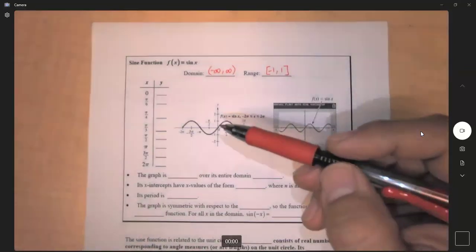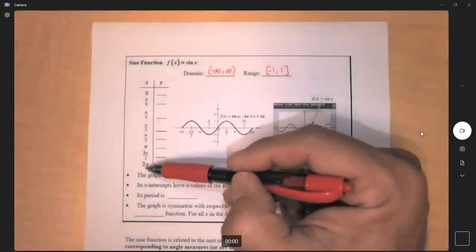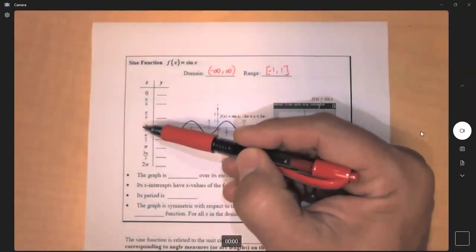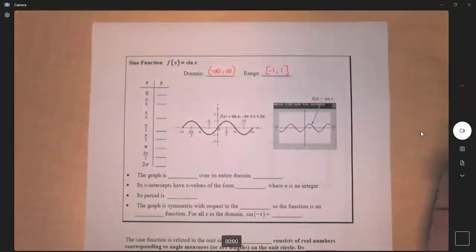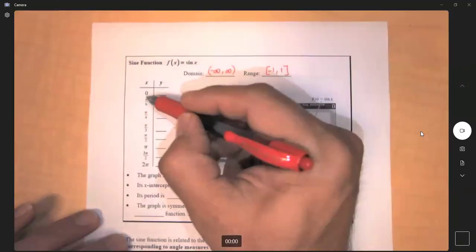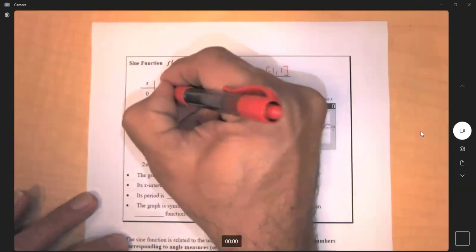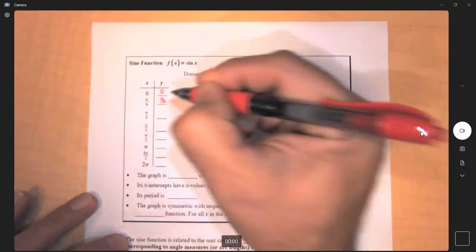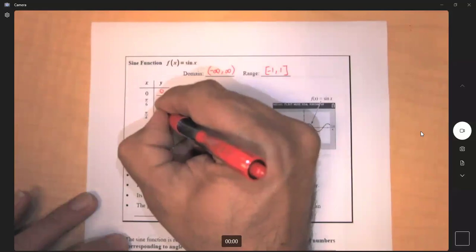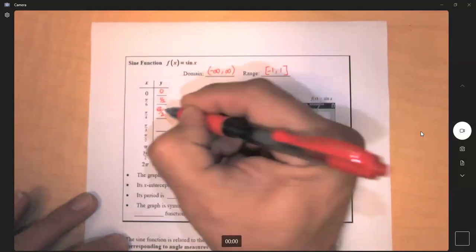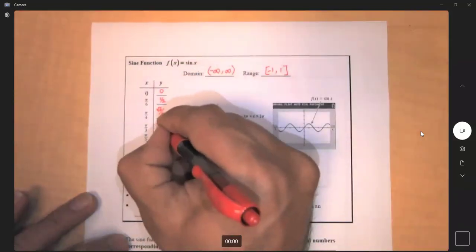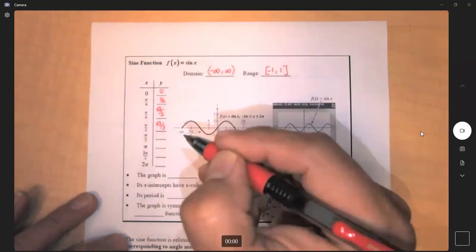And then you can get certain values. These values, you can get them directly from the unit circle if you wanted to. So for every x value, its corresponding y value would be this. So 0, 1/2, the square root of 2 over 2, the square root of 3 over 2.